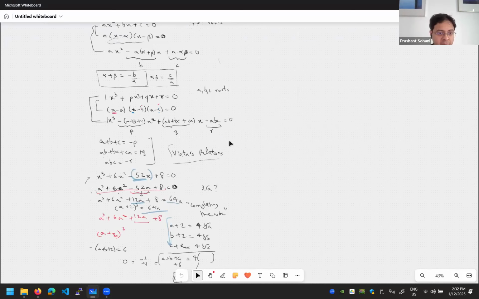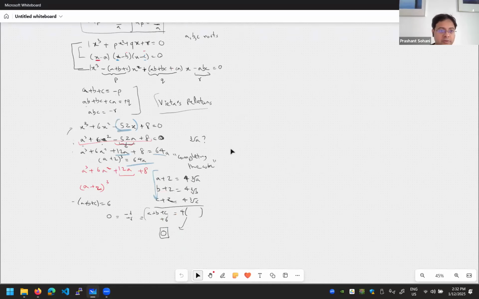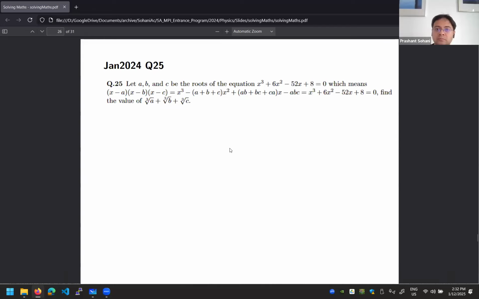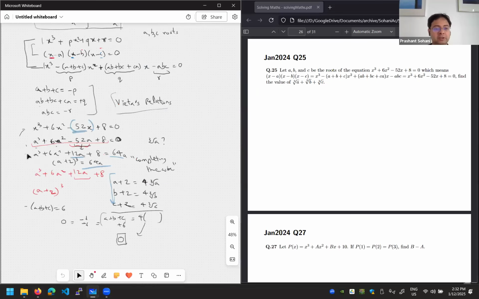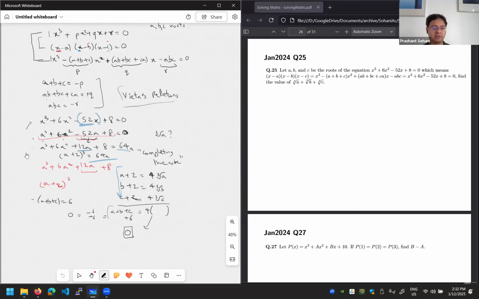So just to quickly revise that problem. This was the problem, right? So I had just mentioned about this relations between the coefficients and the roots of a polynomial, which are called Vieta's relations. And in this case, actually, the Vieta's relations are not that important, but something else was critical, which was the idea of completing the cube. That is what we had done in this problem, and so we were able to finish the problem in that way.